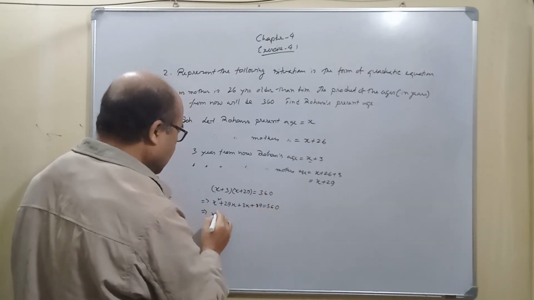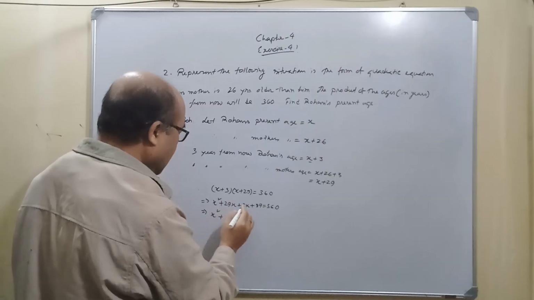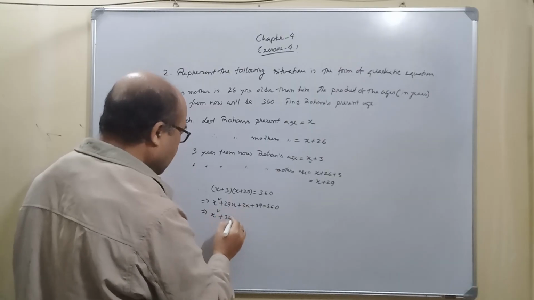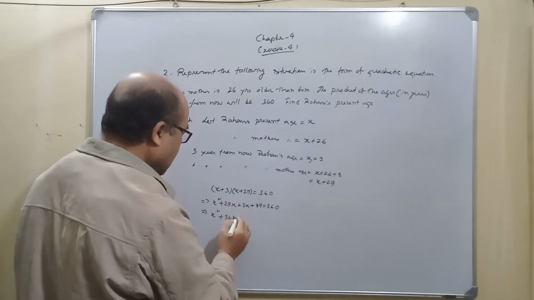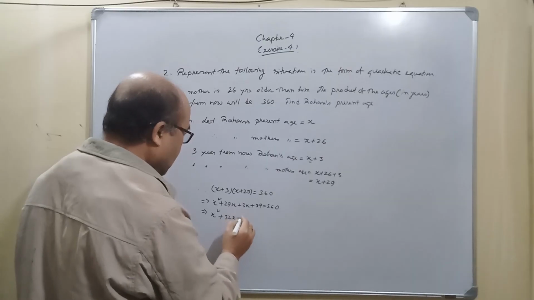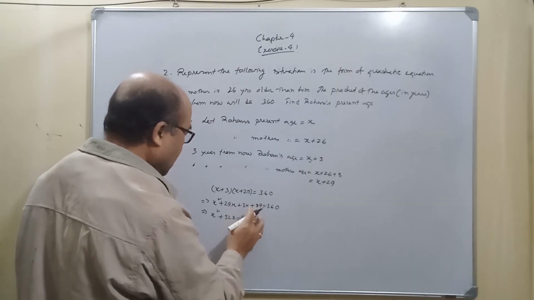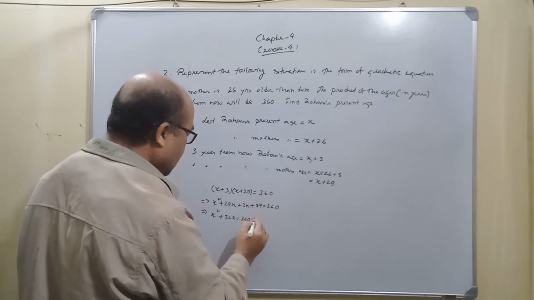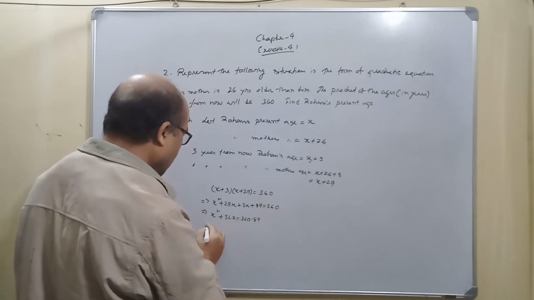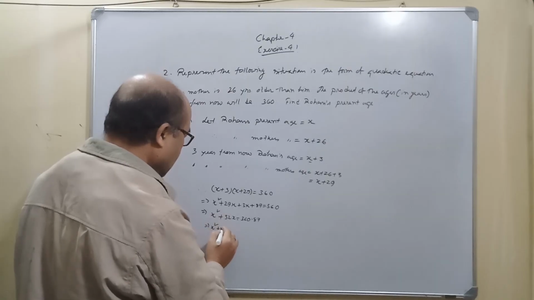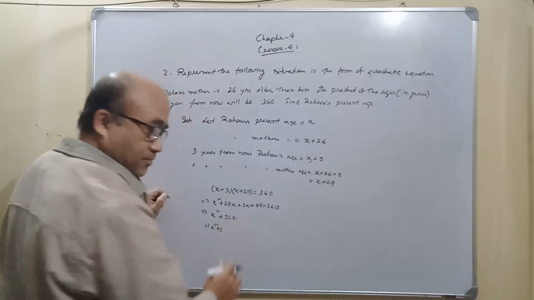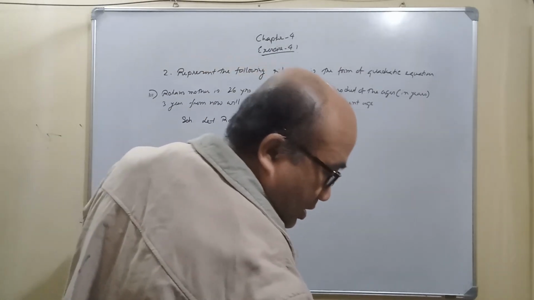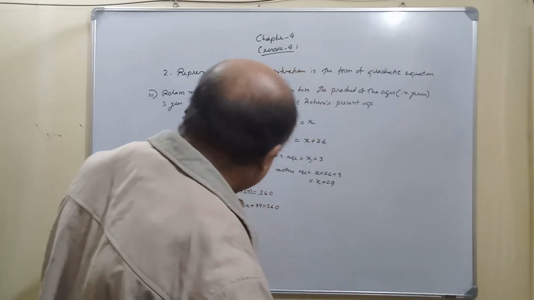Or x square plus 32x plus 87 is equal to 360. We take 87 to the other side, minus 87. We don't need to shift it to the left-hand side, we can keep it on the right-hand side.